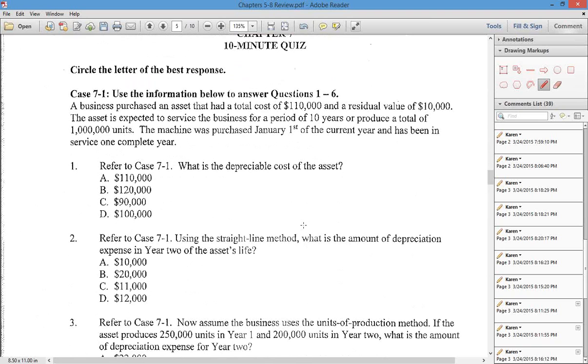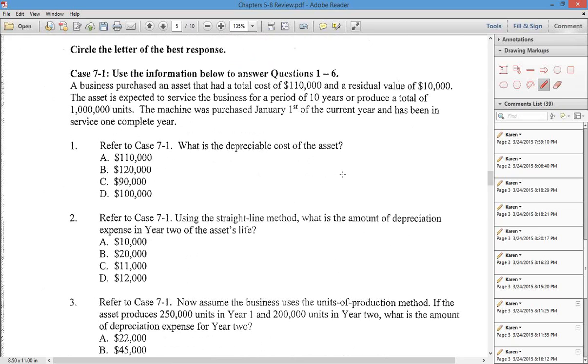Moving on to Chapter 7. Chapter 7 was the fixed asset. We talked about depreciation. Was depreciation confusing to everyone? Yeah, so no. Okay, so with depreciation, we'll talk about this and we'll try to do some review real quick too.